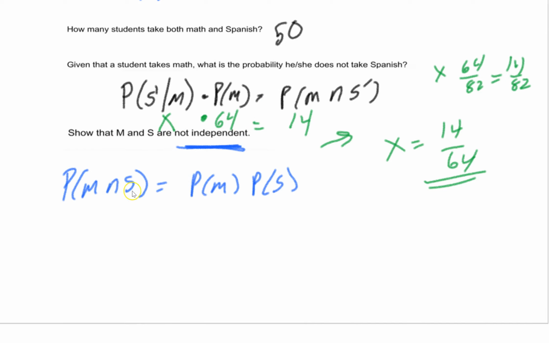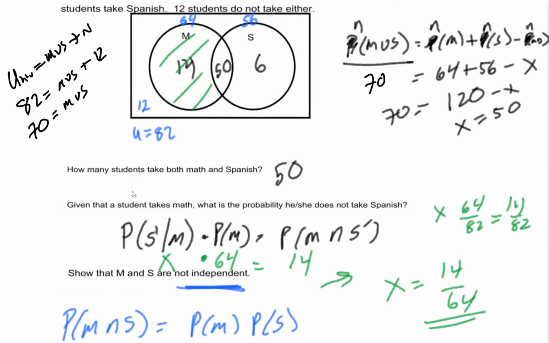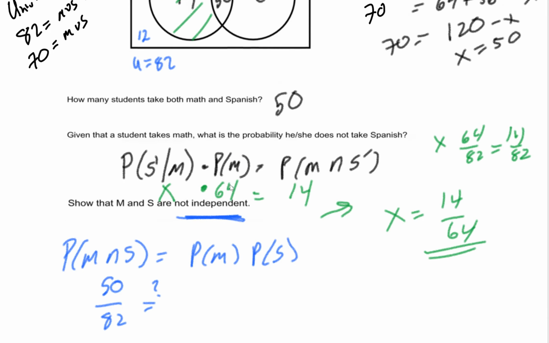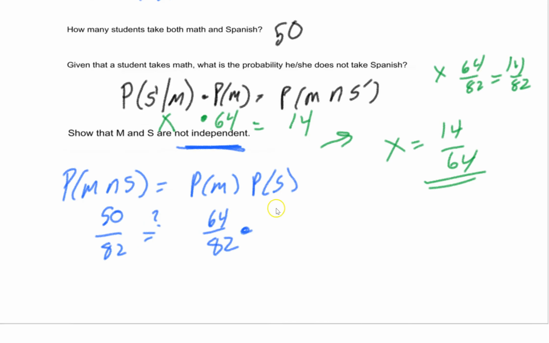Right? But M and S is, we just did 50 over 82, right? Probability of the intersection, 50 over 82. That's what this is. Does that equal probability of math? Math is 64 over 82. And probability of Spanish is 56 over 82.